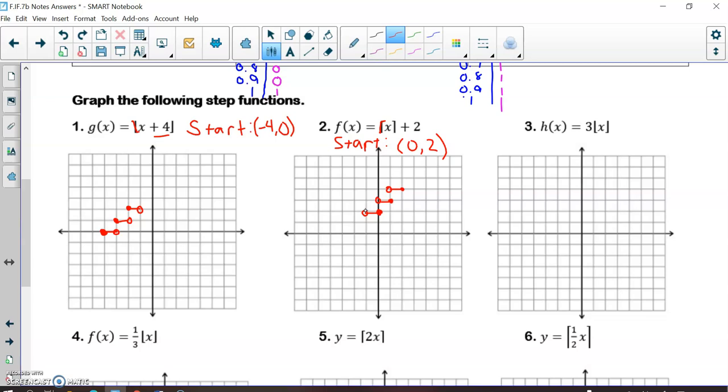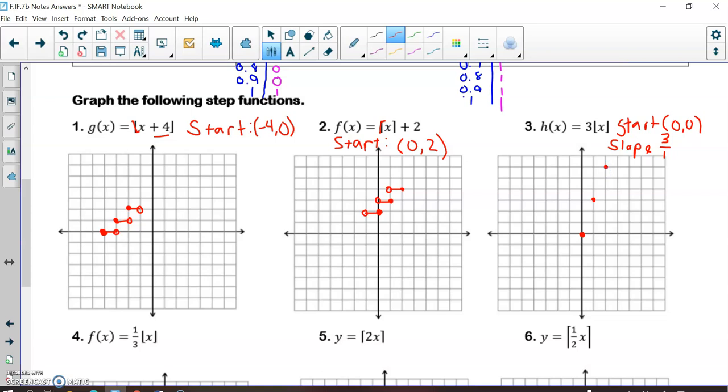All right. Now, number 3, this one's a little interesting. We have a starting of 0, 0. So it starts at 0, 0. And now I have an a value. And if you recall from the absolute value lesson, your slope when you have an a value is your a value over 1. So that means I go up 3 and over 1, up 3 and over 1.